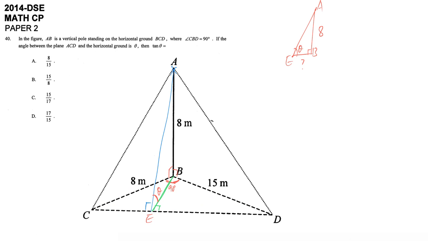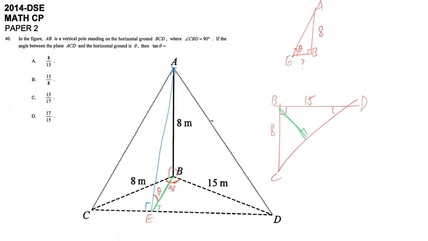EB here. So I redraw the horizontal ground vertically. It's a right angle triangle BCD, with 8 and 15. One of the methods to get the blue line is to use the tangent ratio to find this angle, and then use the sine ratio to find the green line.